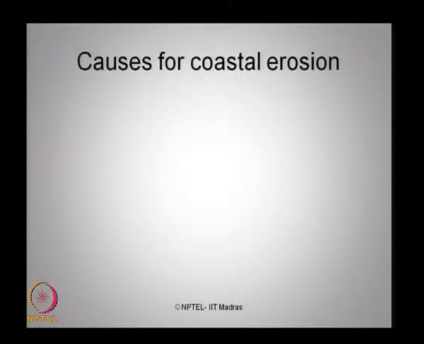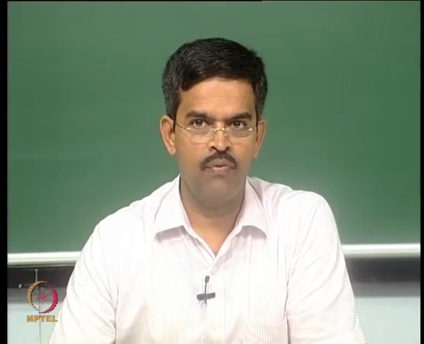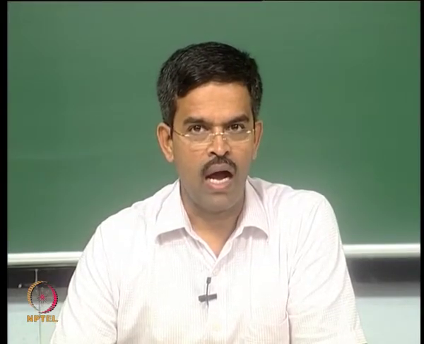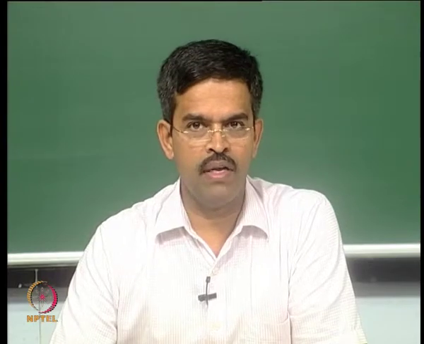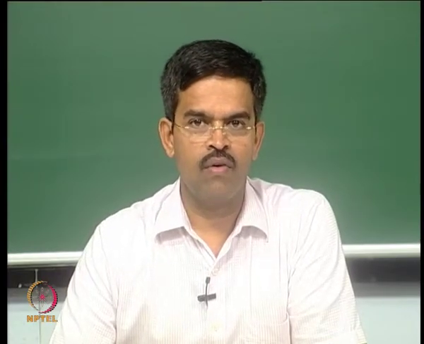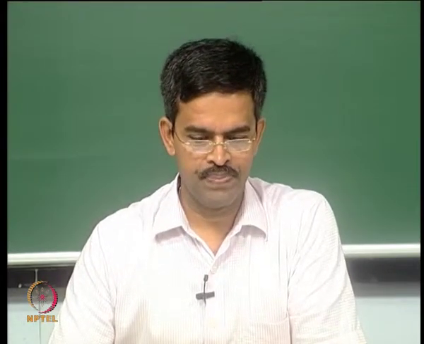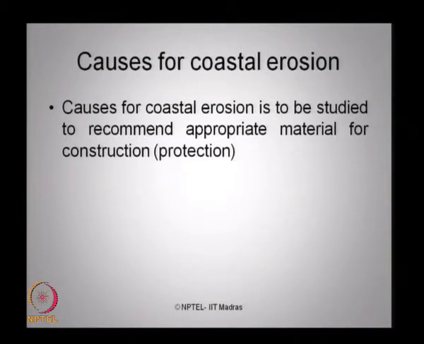Let us quickly look at the primary reasons and causes for coastal erosion, because it is better to understand these causes first before we think of designing or recommending an alternative material for coastal protection systems. The causes of coastal erosion are to be studied to recommend the appropriate material for construction, because we are aiming at coastal protection.